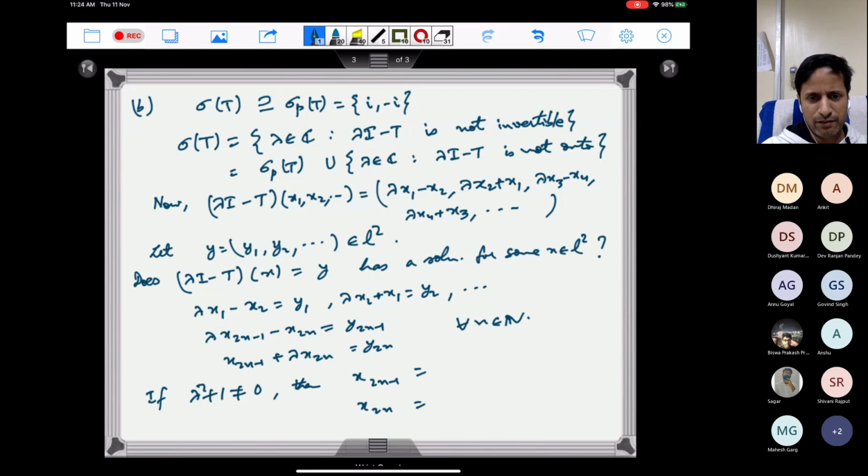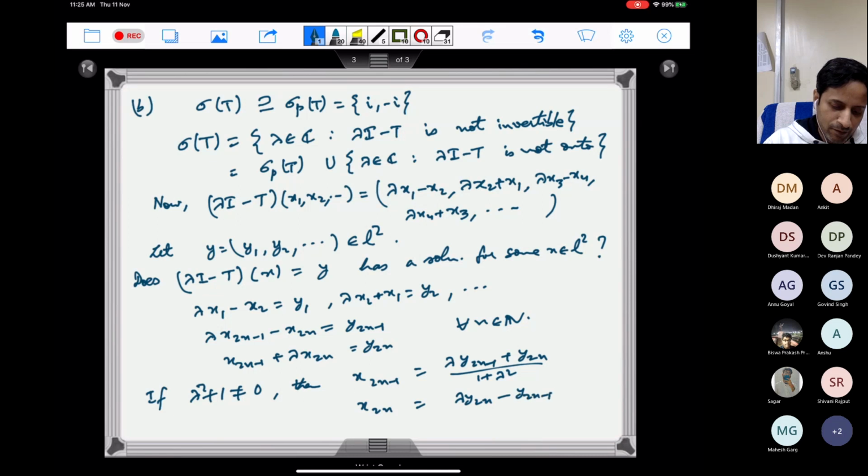To find x2n minus 1, you multiply this by lambda and then add, so you will get lambda y2n minus 1 plus y2n by 1 plus lambda square, and x2n will be equal to, you multiply this by lambda and then subtract, lambda y2n minus y2n minus 1 by 1 plus lambda square. This again has to be true for all n.